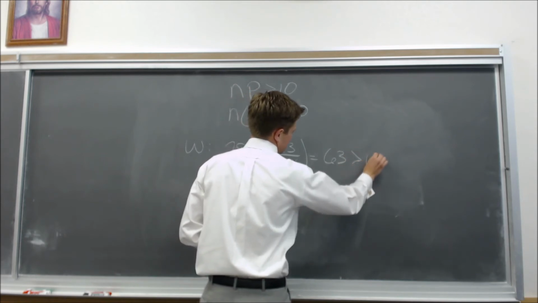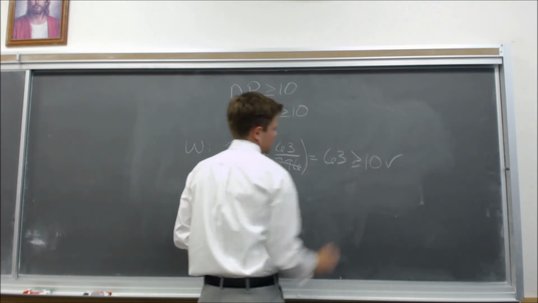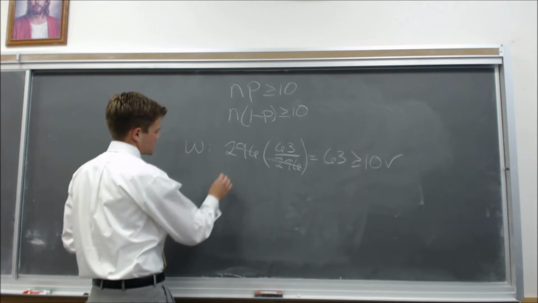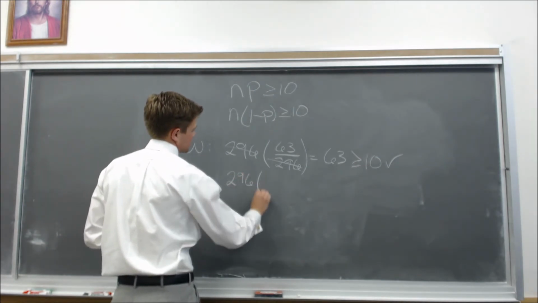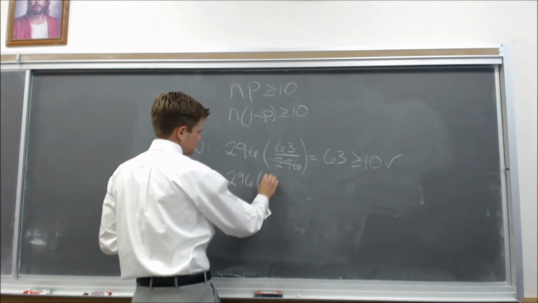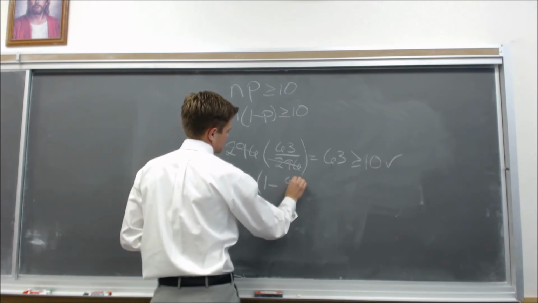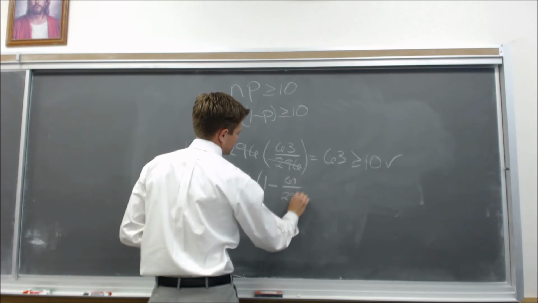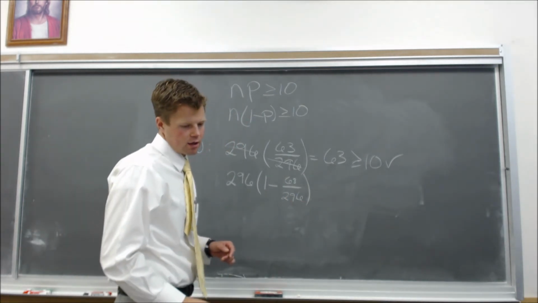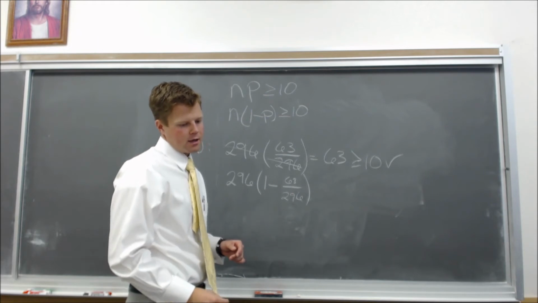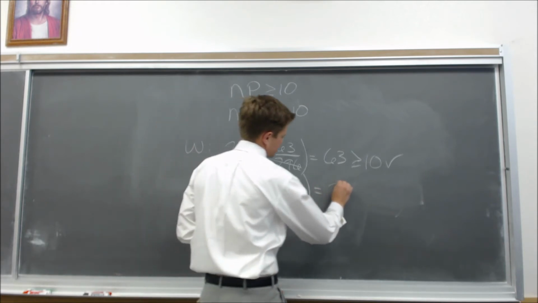Is 63 greater than 10? Yes, it is. So then let's do n times 1 minus p. So we have 296 times 1 minus 63 divided by 296. You can plug that into your calculator. It's a small decimal, and you get 27.